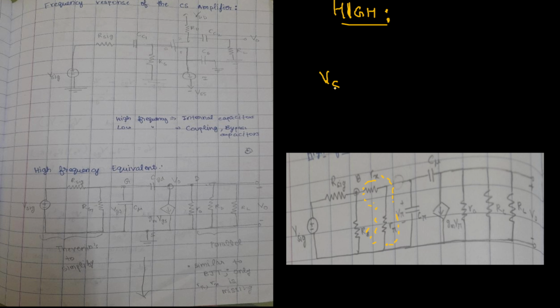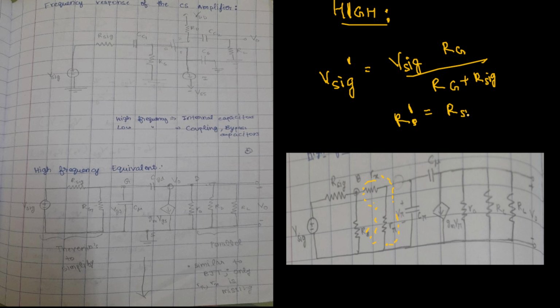So let's see. Just to revise, V signal dash will be V signal into RG divided by RG plus R signal, right? Then let's take R dash, given by R signal parallel with RG.